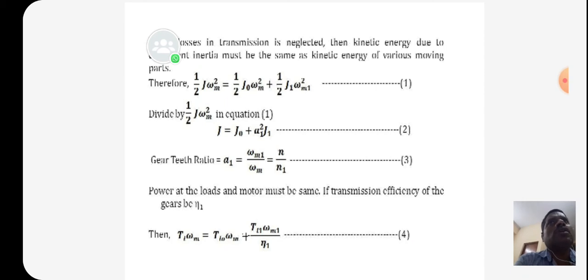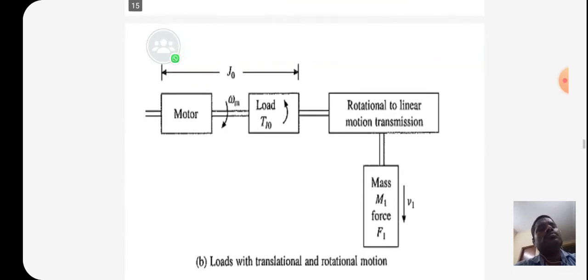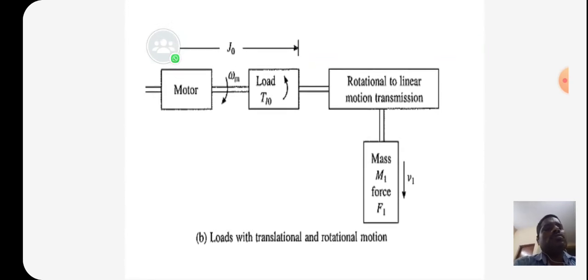Now another condition, when the motor is also coupled with translational and rotational motion. In this figure we see that the motor is connected with the rotational load, and translational motion is also connected with it.